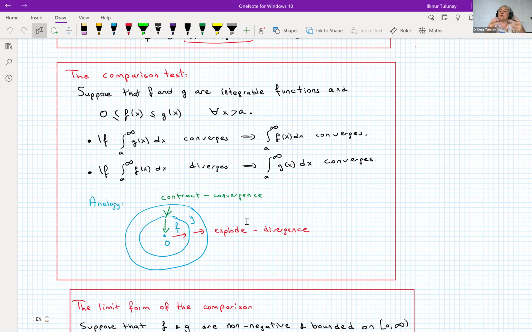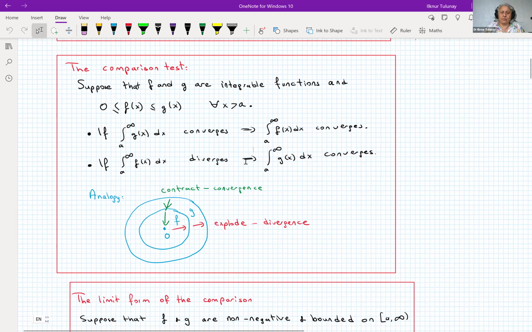Or if the inside ball explodes, then the outside has exploded. But if the outside explodes, you have no information about the inside ball. So please bear this in mind when you are applying the comparison test.